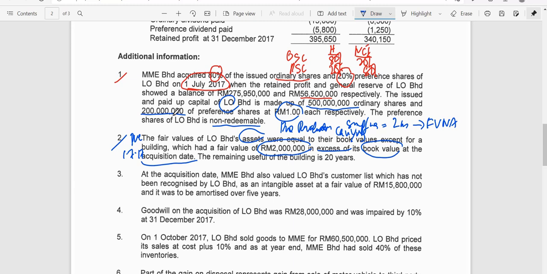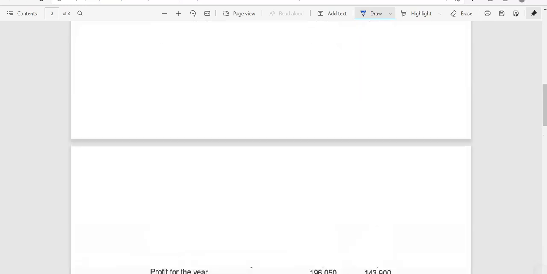You are informed the remaining useful life of the building is 20 years. So of course the surplus may also need to be recorded in the statement of financial position if you are asked to prepare the statement of financial position. The remaining useful life of the building was 20 years.